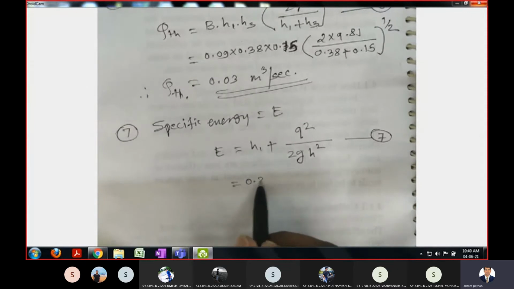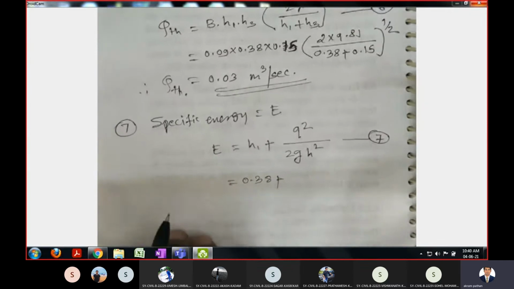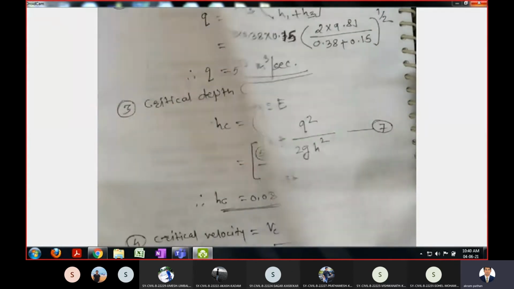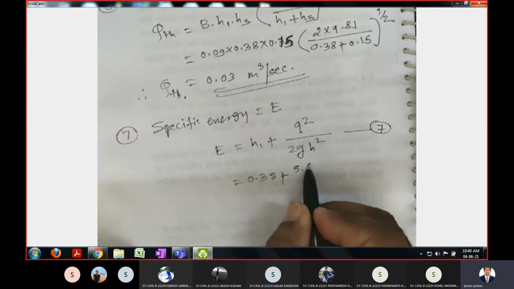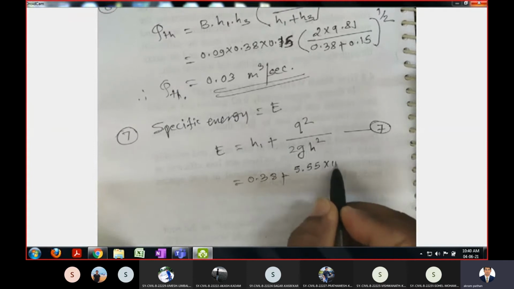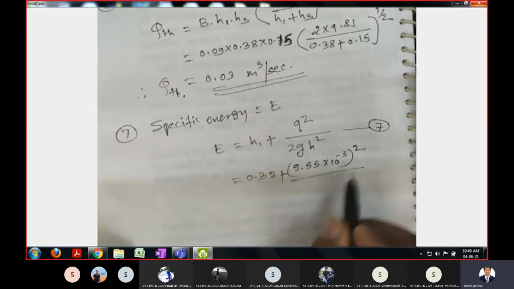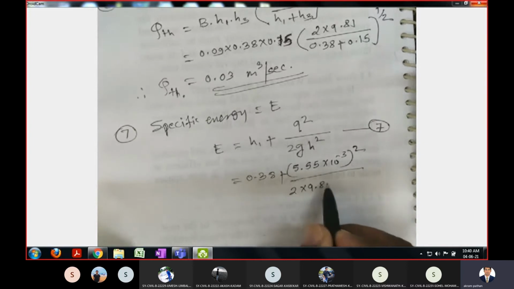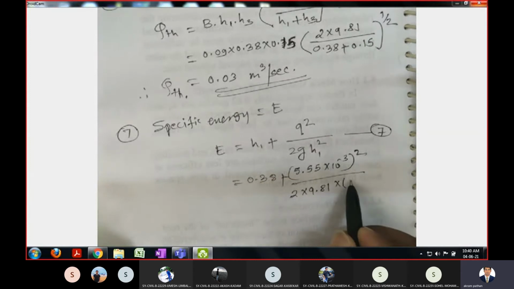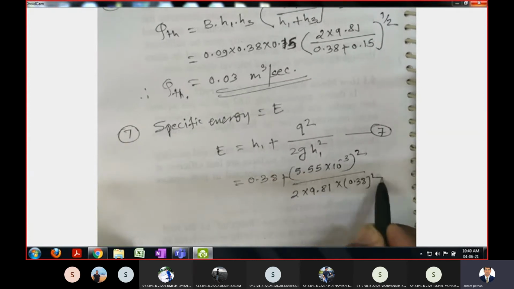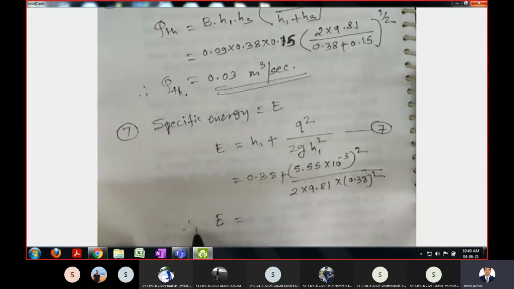Now H1 is 0.38 plus q square we have calculated, that is 5.55 into 10 raised to power minus 3 square, divided by 2 into 9.81, and this is H1 again, into 0.38 square. So calculate E.